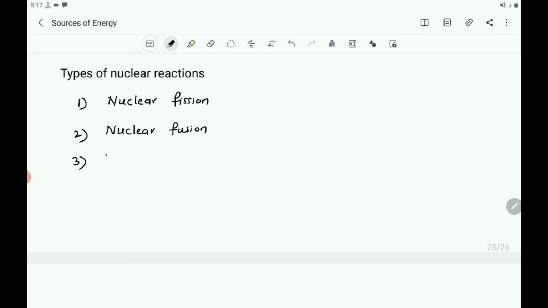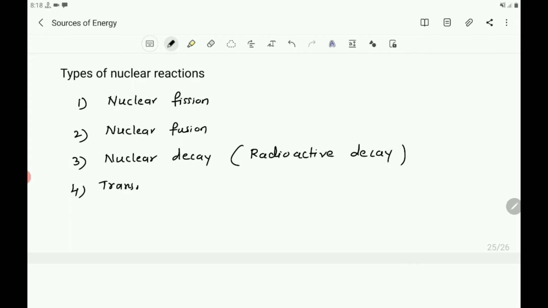Third, nuclear decay, also called radioactive decay. And next, transmutation. These are different types of nuclear reactions.